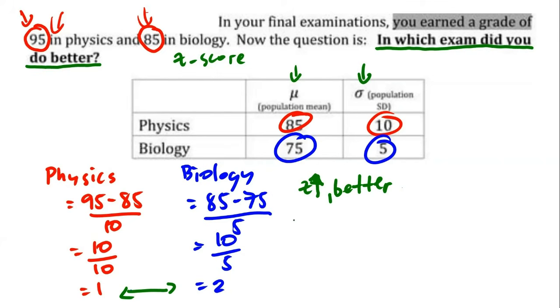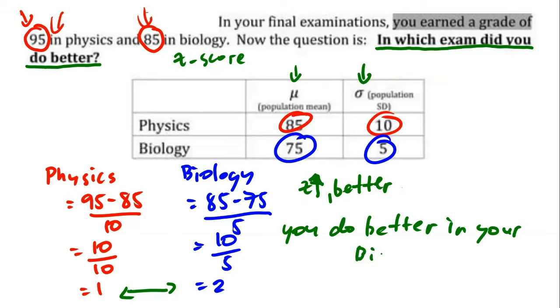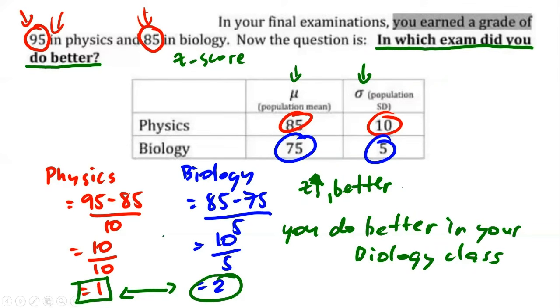And of course, our conclusion is that you do better in your biology class. Okay? Kasi meron tayong 2 na Z-score, while yung sa physics naman ay 1 only. Okay, so ganyan yung Z-score natin.